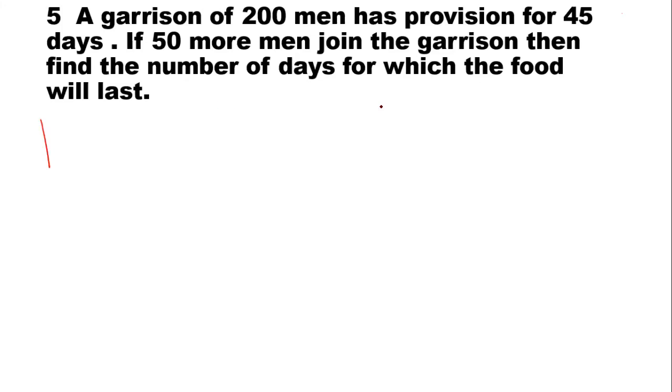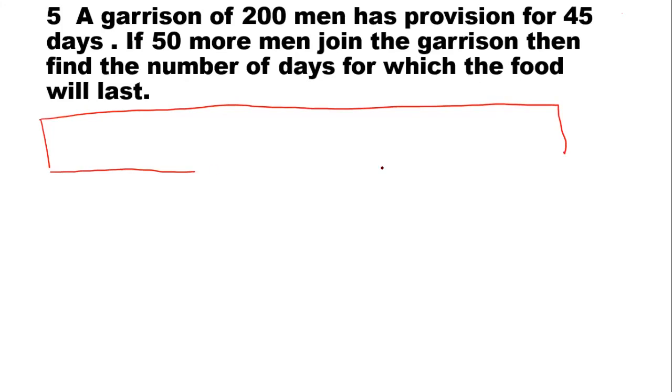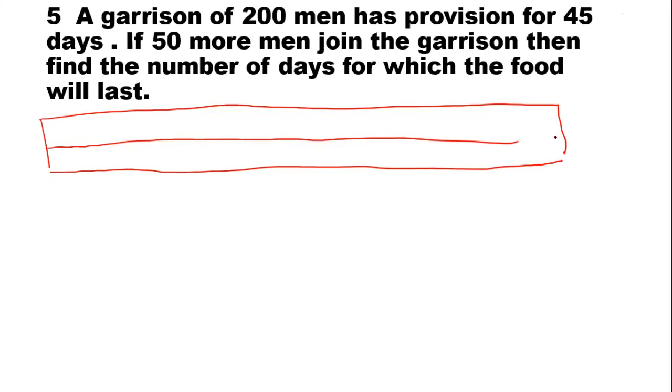A garrison of 200 soldiers has provision for 45 days. ठीक है, तो number of men and number of days food last. Number of days food last, ये भी लिख सकते हैं आप, number of days भी mention कर सकते हैं.